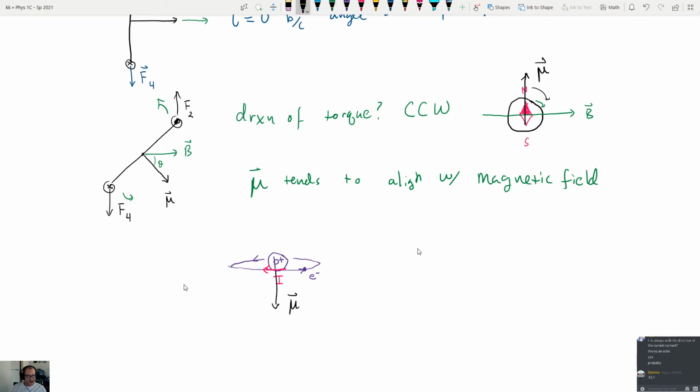So a hydrogen atom has a magnetic moment. And if you were to place a bunch of hydrogen atoms into a magnetic field that goes like this, then they're going to want to twist so that their magnetic moment lines up with that magnetic field.